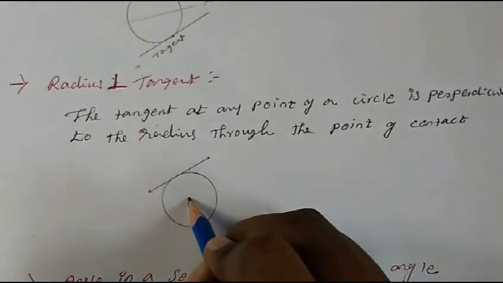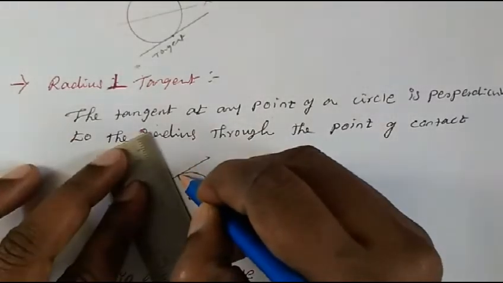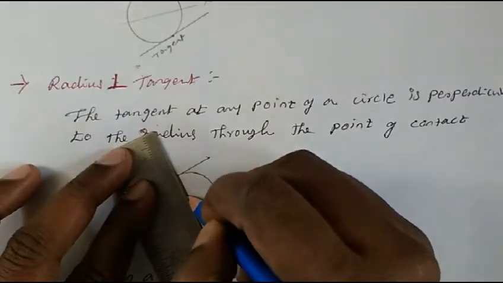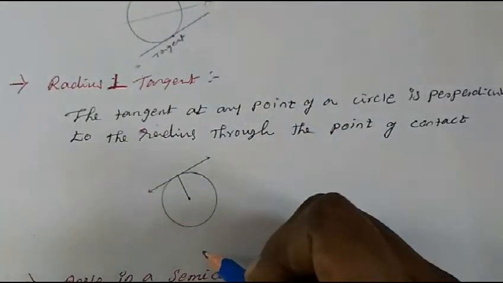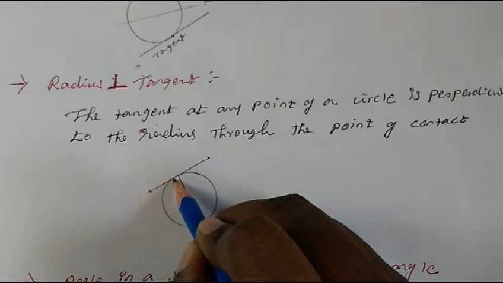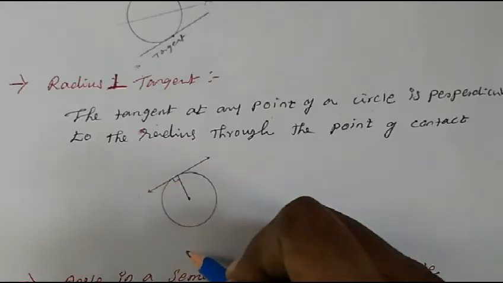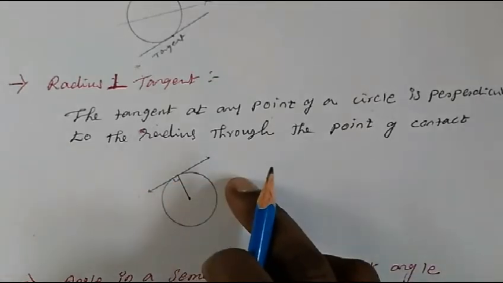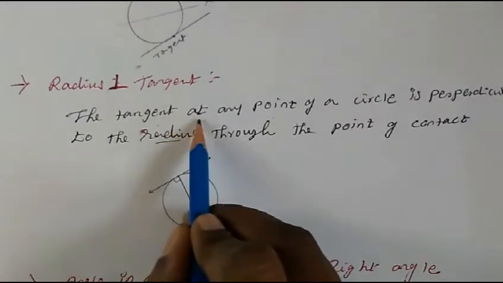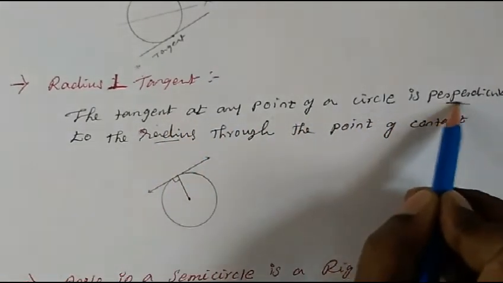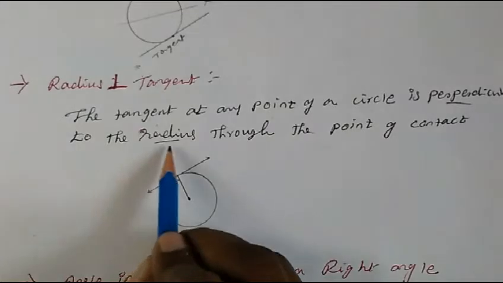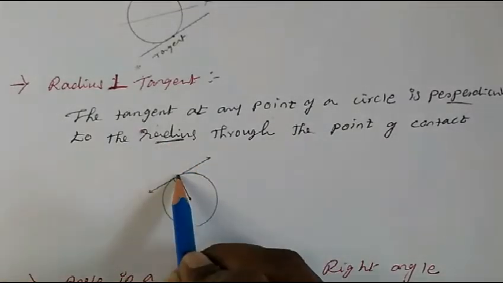Radius means this is the center. From the center you draw a line to the tangent. It will always be perpendicular. That means it forms 90 degrees here. So this part you have to understand. The tangent at any point of the circle is perpendicular to the radius through the point of contact.